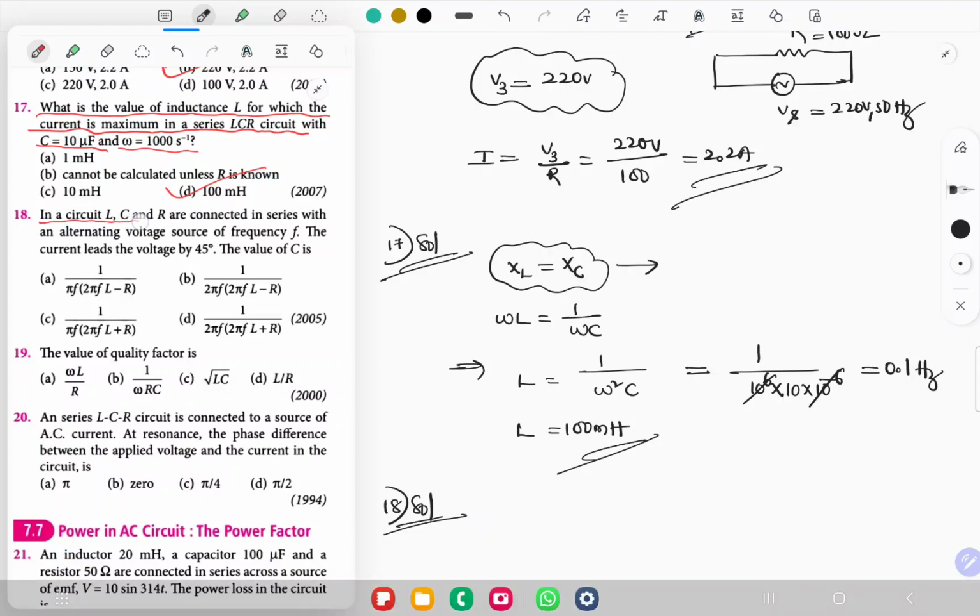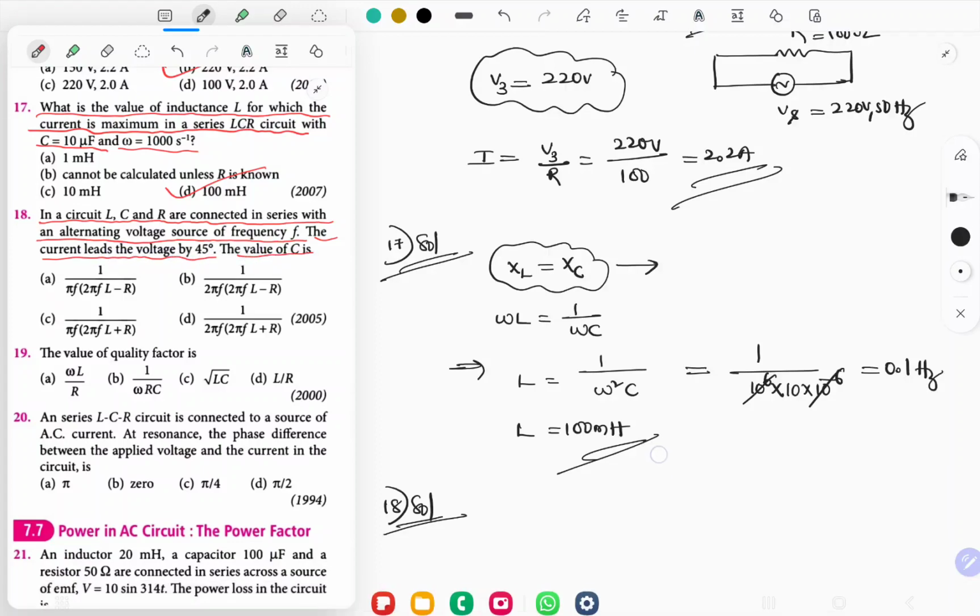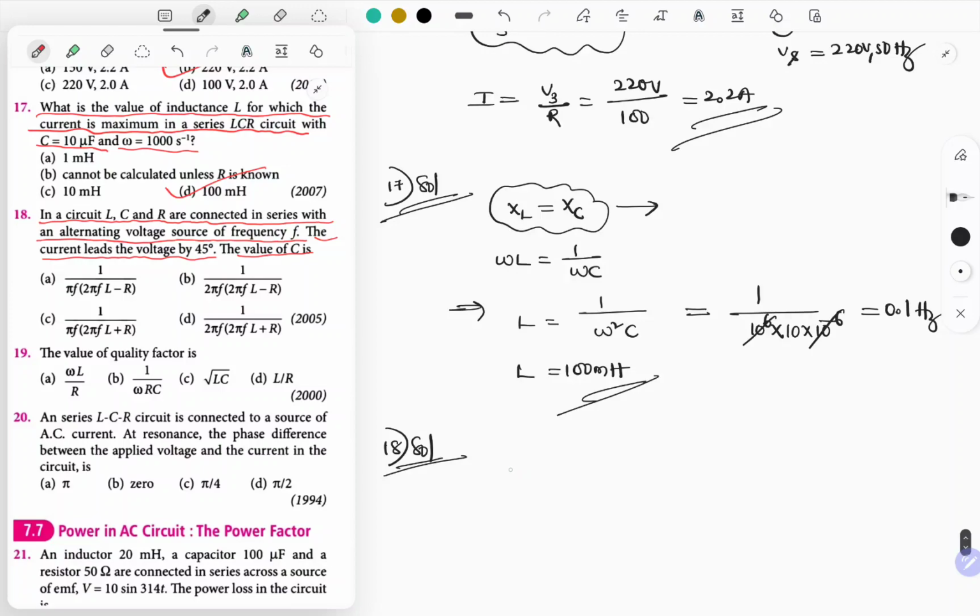In a circuit, L, C and R are connected in series with an alternating voltage source of frequency F. The current leads the voltage by 45 degrees. Then the value of capacitance is? As it is an LCR series circuit, the formula for tan phi is reactance divided by resistance. They said current leads. That means whose effect is greater, capacitor effect or inductor effect? Capacitor effect is greater.